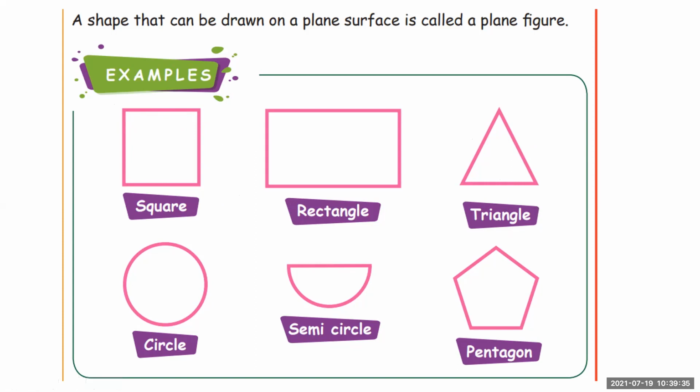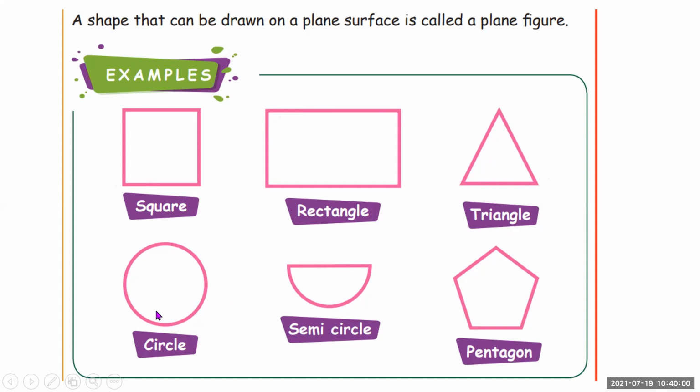Vertex is singular. When it comes to plural, we say vertices. So square has 4 vertices. What about the rectangle? This also has 4. 1, 2, 3, 4. But when you look at the triangle, it has only 3. One here, another, third one.